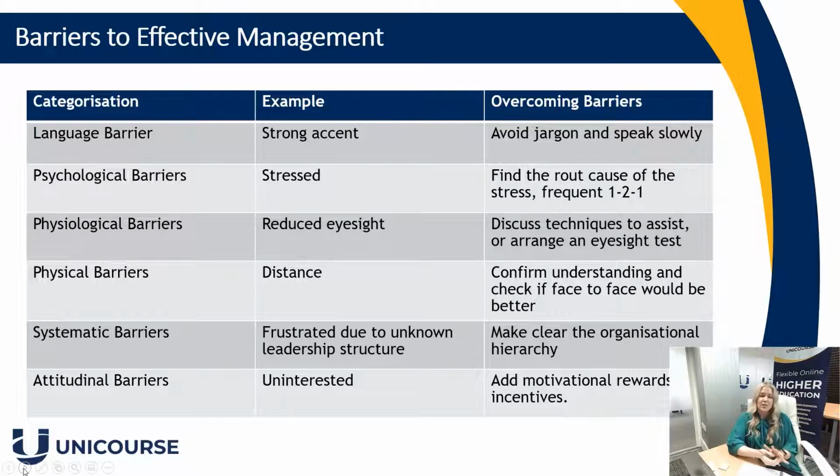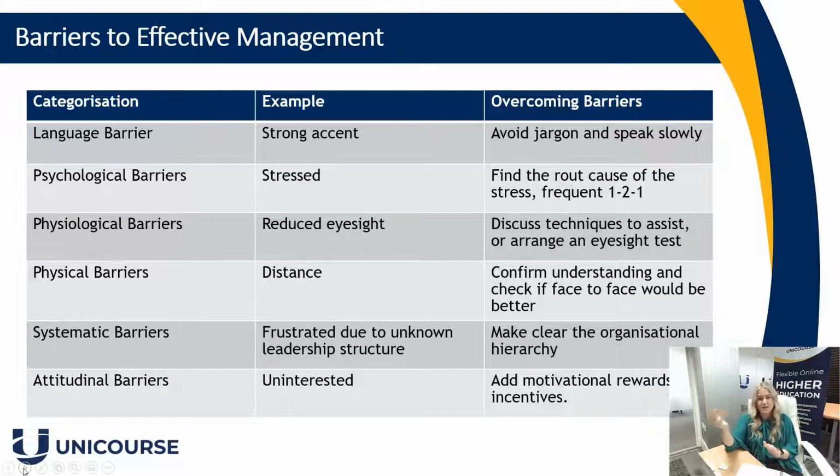Now think about what can get in the way of you performing well as a manager, and what barriers can stop you from communicating those objectives and meeting the outcome. It might be a physical barrier.